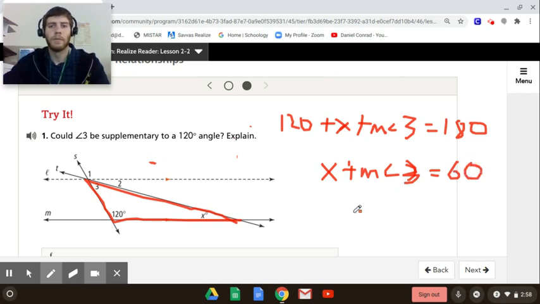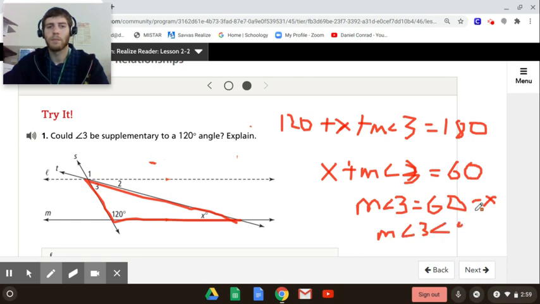So the measure of angle 3 is going to have to be 60 minus X. So the measure of angle 3 is going to be less than 60 degrees, because something minus X is going to force it to be smaller than 60.